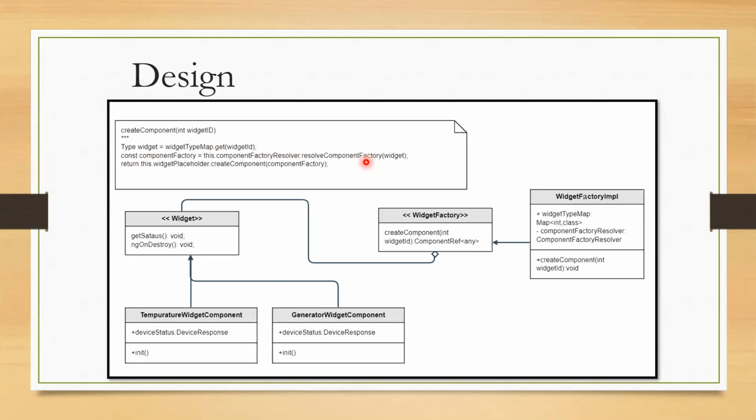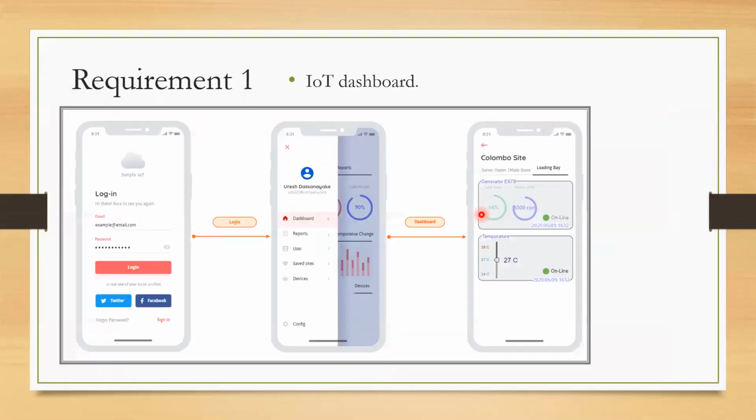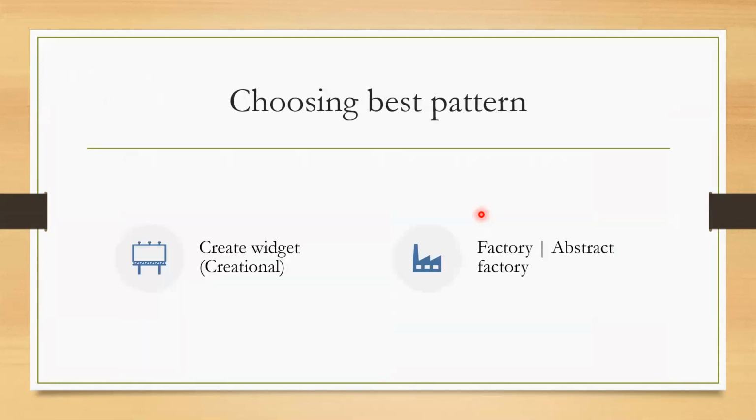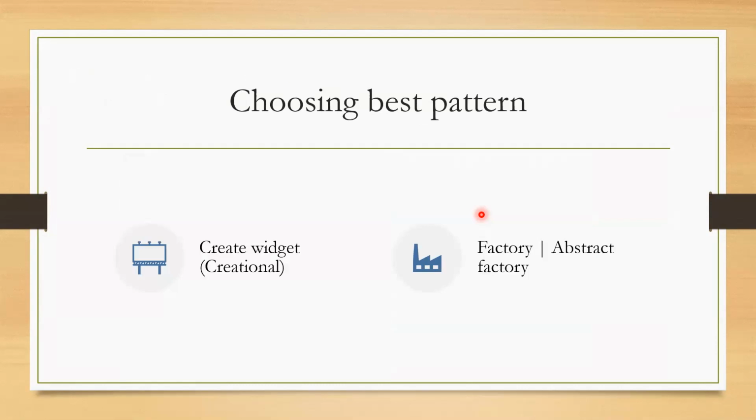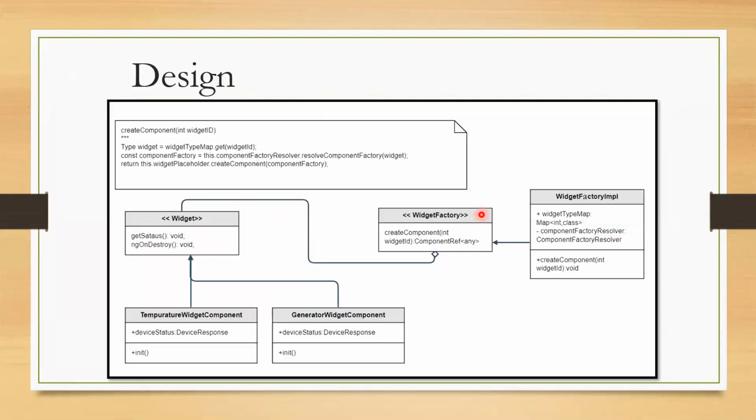With a separate class, we can inject that into a view model. So this is how it is done. This is a simple requirement of how to design an IoT dashboard, and we talked about bad ways and choosing a pattern and a design.